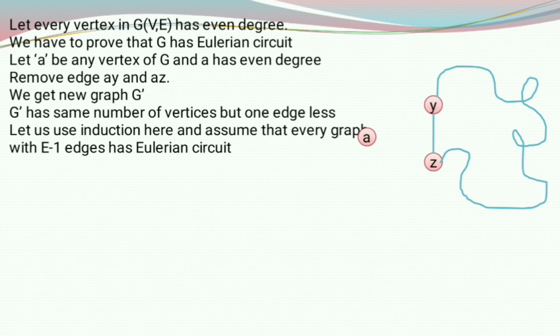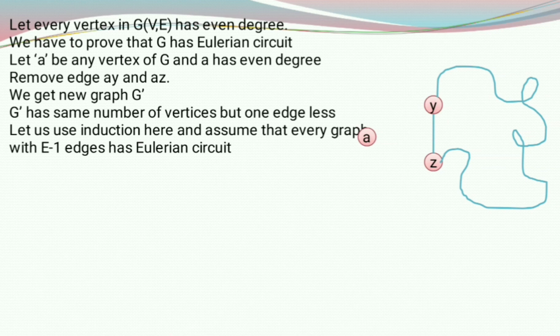Now Y has even degree, Z has even degree, and A also has even degree. What we can do is remove this edge from G dash, and to keep the degree of A even, we'll join A and Z also.